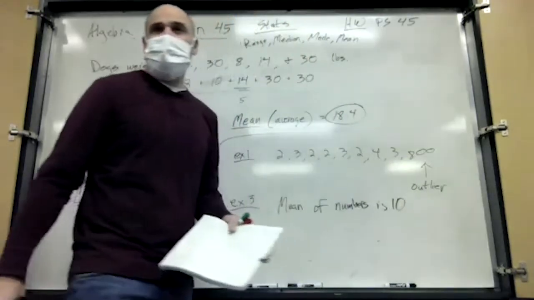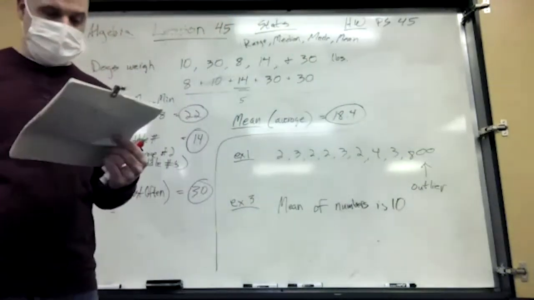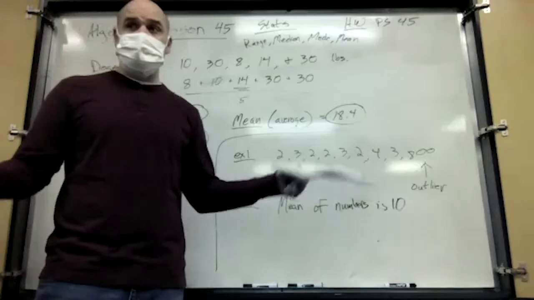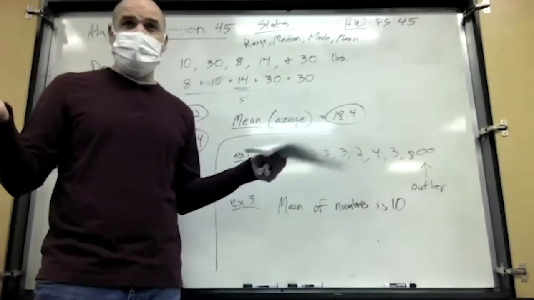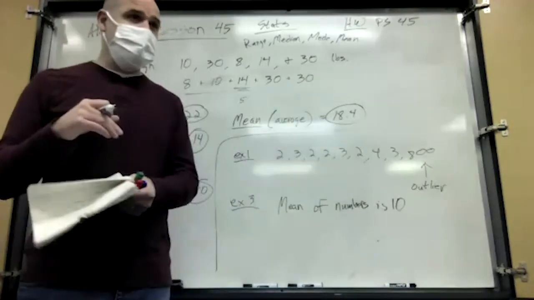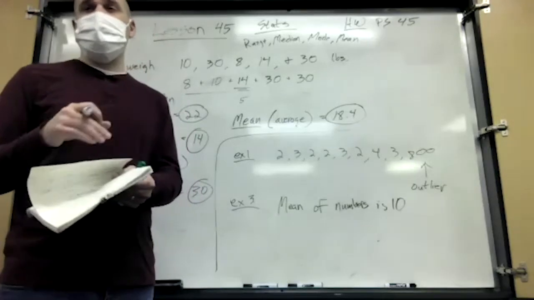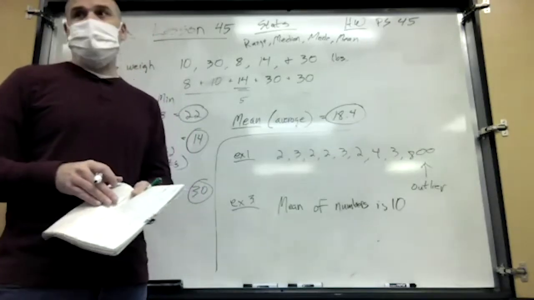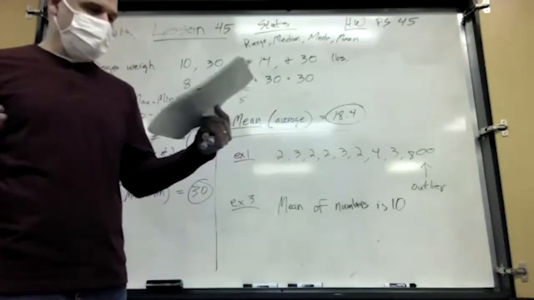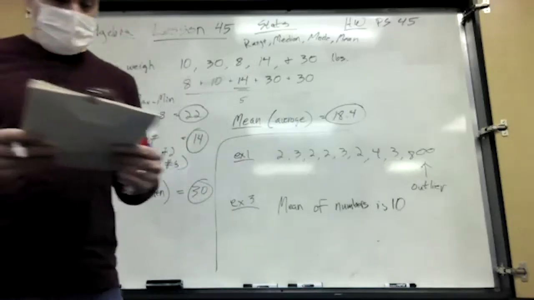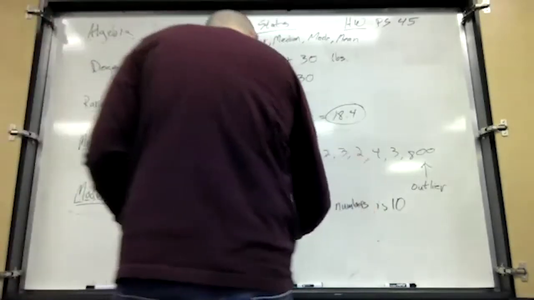The mean of 5 numbers is 10, right? So we don't know what those numbers are, but they could be like all 10s, right? The mean of 5 10s is 10, right? But we're just given the first 4.